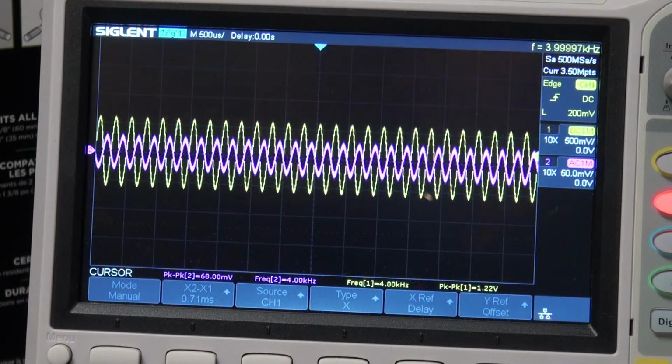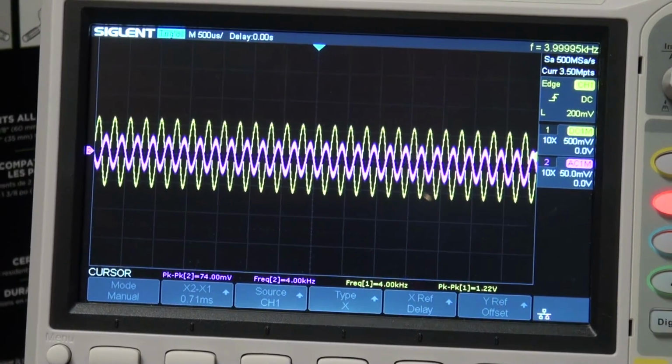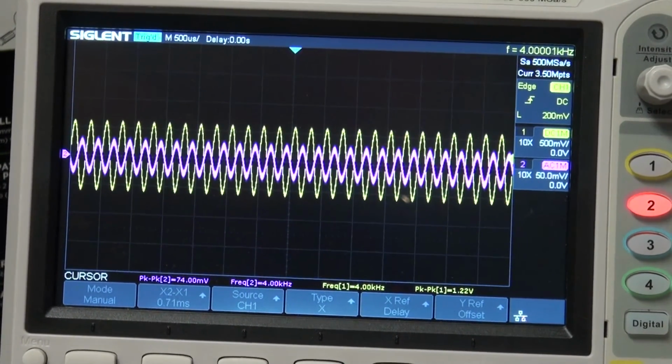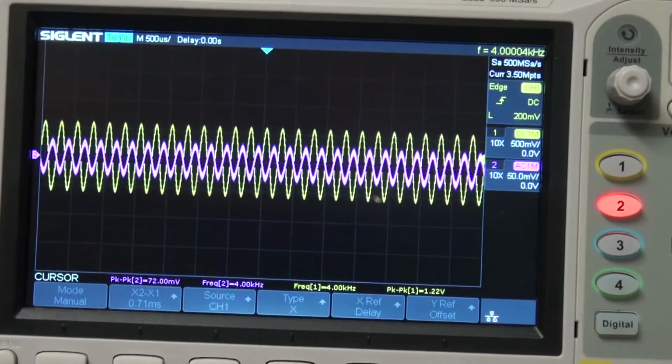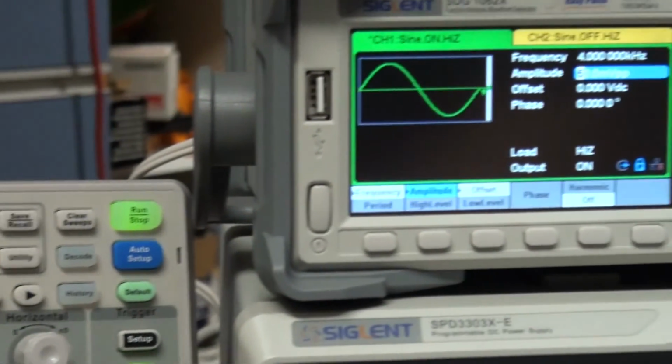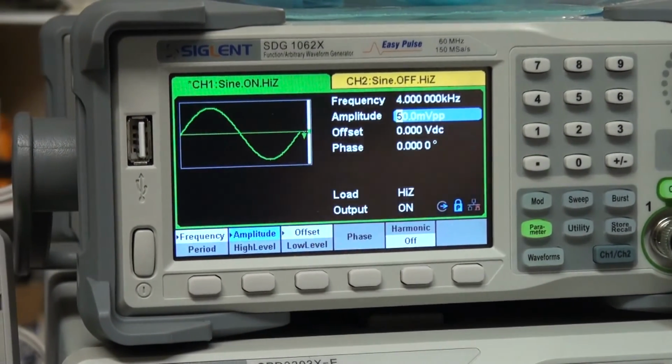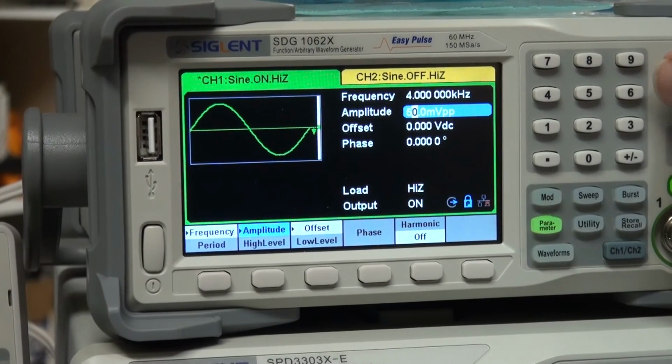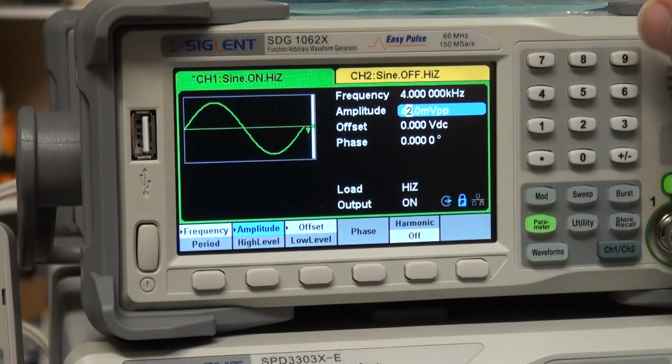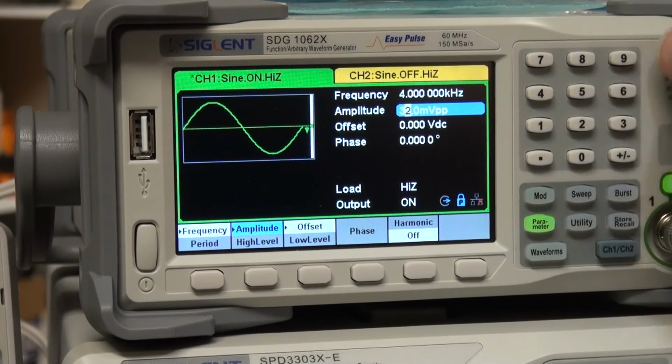Well, let's drop that down a little bit further, see if we can actually pucker up the gain a little bit more, get the signal really low level, down to, let's say, 25. There we go.